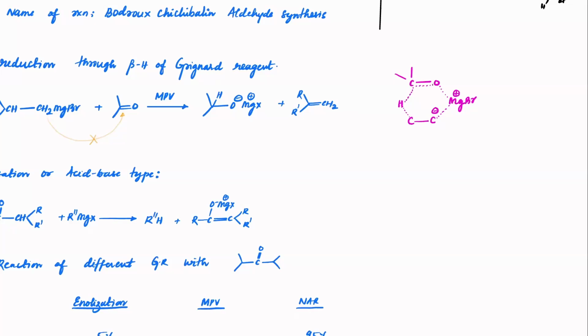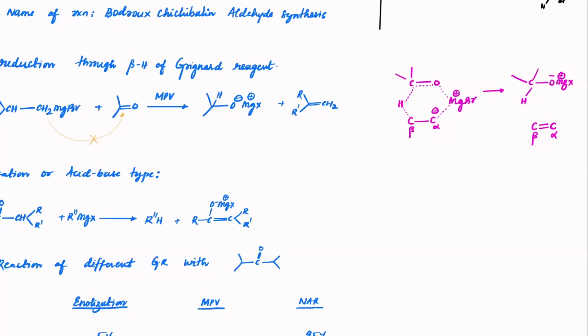So you can notice that this is an alpha carbon, this is a beta carbon. So in case RMgX becomes bulkier at beta position, and by chance it has a beta hydrogen, then a nice cyclic transition is observed which will reduce this. So we will get this as carbon, making this as O minus MgX plus, and hydrogen will come here. Thus we end up getting a C double bond C between alpha and beta. Okay. So this is typically how the mechanism happens.